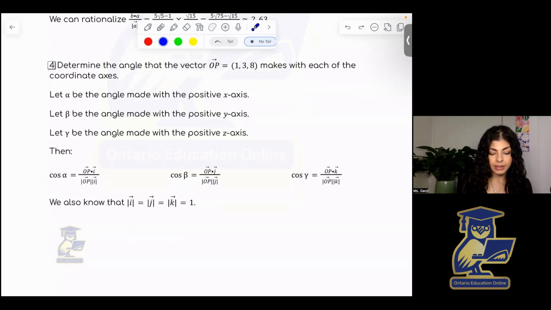So for the x-axis, we have cosine of alpha is the dot product of OP and the unit vector i on the x-axis. And in the denominator, I have the magnitude of each of those. And same process with beta and gamma, but with beta, because it's the y-axis, we're using unit vector j, and with gamma, because it's the z-axis, we are using unit vector k.